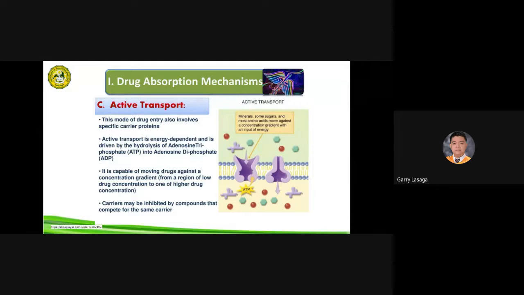This is important to maintain the resting membrane potential, wherein the outside of the cell is relatively positive compared to the inside, which is negative.